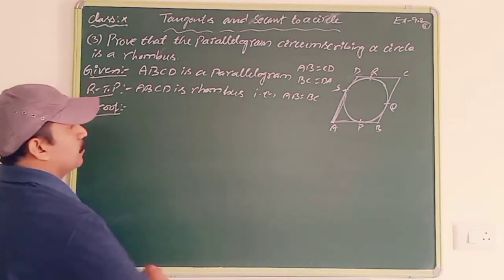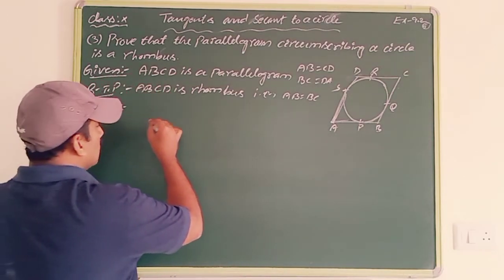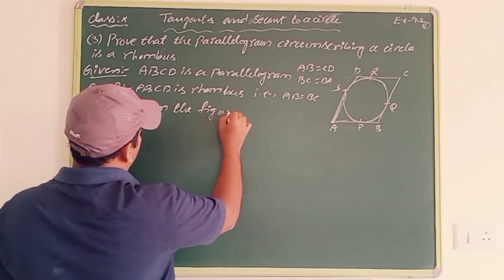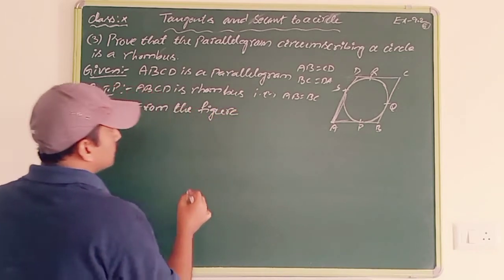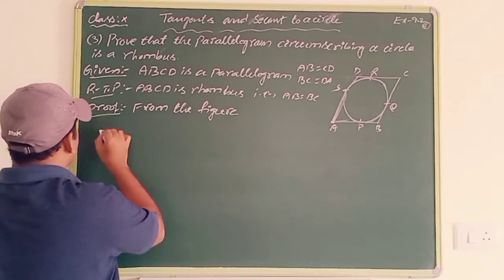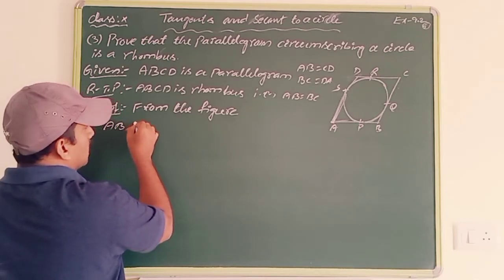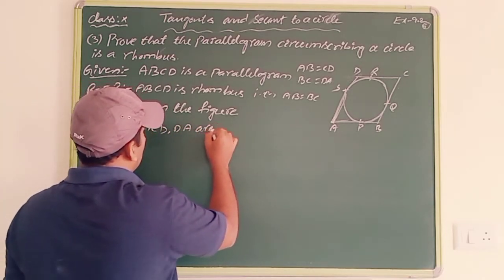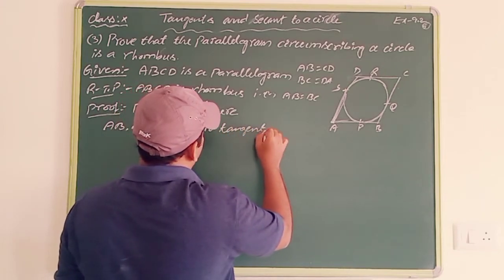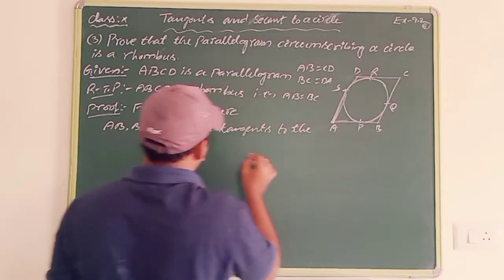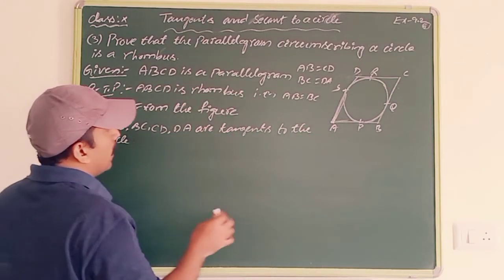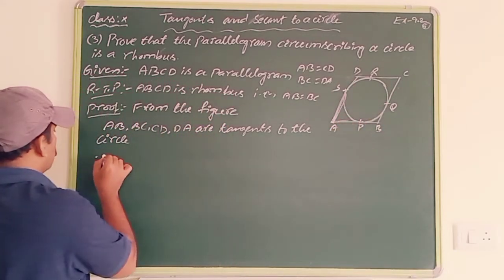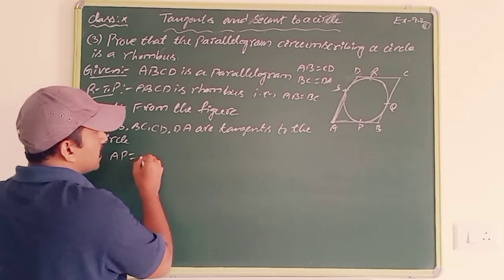So now the point we are going to write here. From the figure, AB, BC, CD, DA are tangents to the circle, and they all touch at the points P, Q, R, S. So therefore, we write AP is equal to AS.